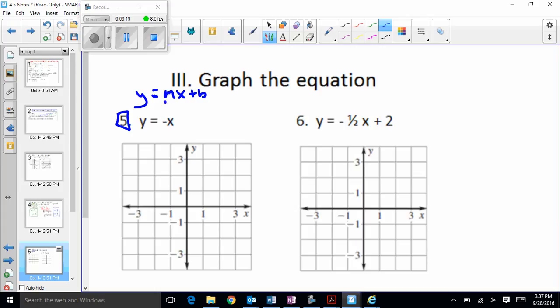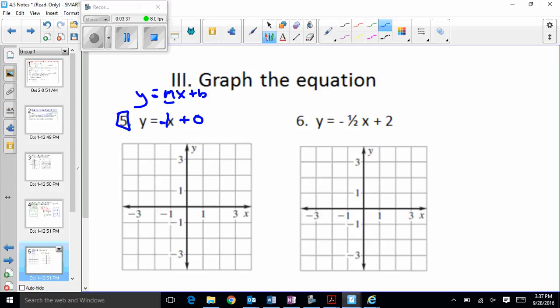And if we're trying to identify what is the coefficient in front of x, I can put that imaginary 1 in there, and I find out I've got a -1x. So my slope is -1. And then what am I adding or subtracting? Well, it's going to be 0.